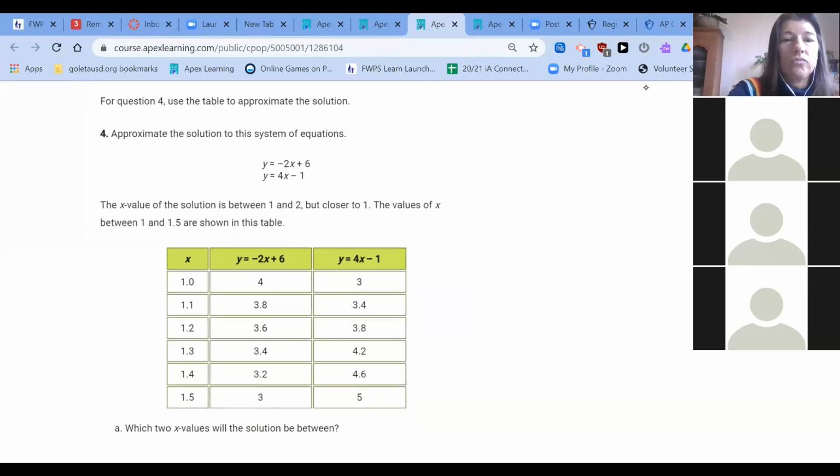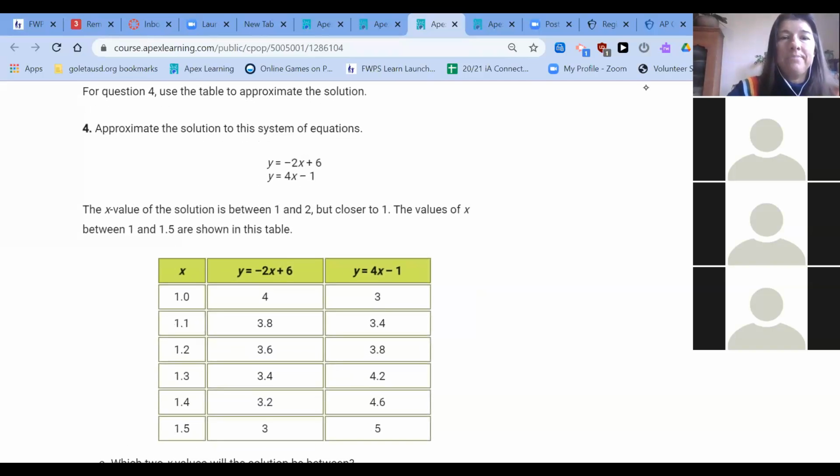Okay. This next one is interesting. It says approximate the solution to this system of equations based on the tables that were given of coordinate pairs. So first of all, do a quick check. We have two lines with different slopes.